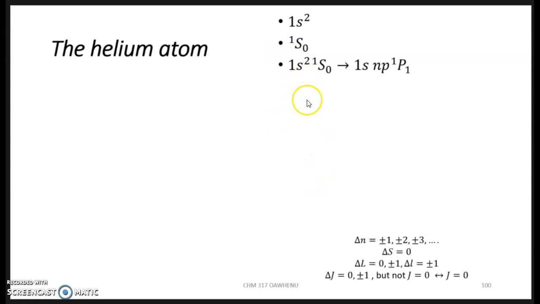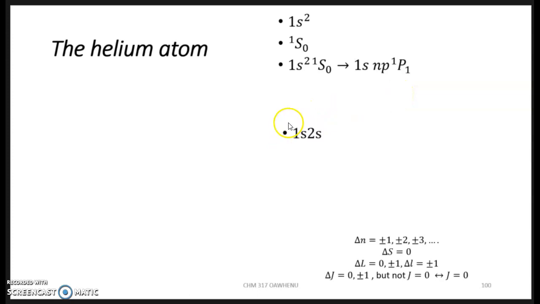The helium atom is 1s2. It's a closed shell, so it's 1S0. That's the term symbol. And our transition, following the selection rule, can go to 1P1.